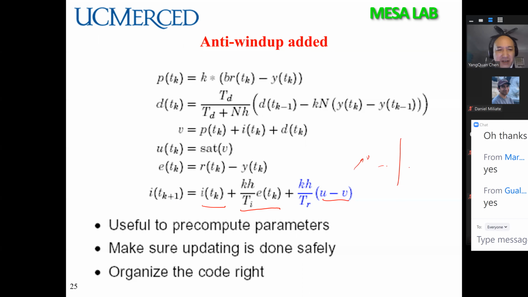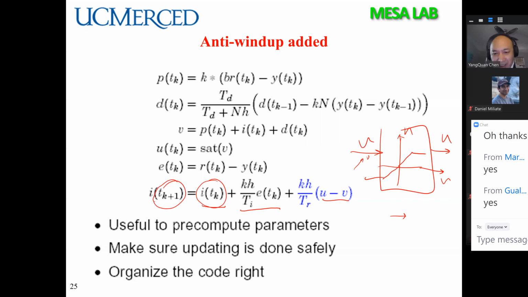So the input is V, the output is U. So it's something like this: this is V, this is U. Otherwise they keep adding up. It's an integration, so we're going to go through that one later. So this saturation is V. V is the input.